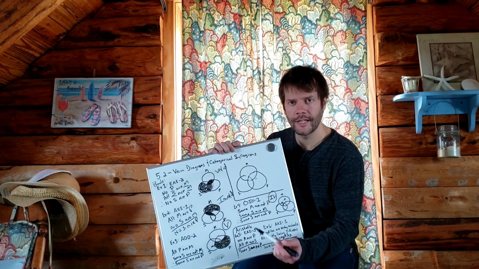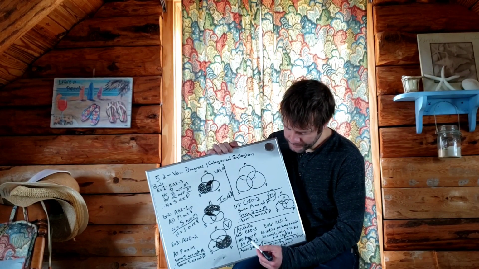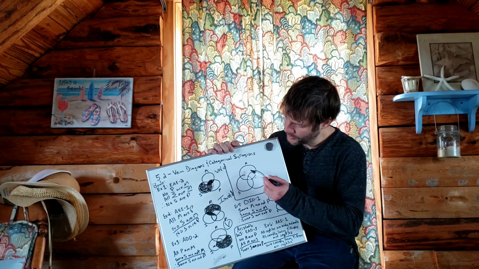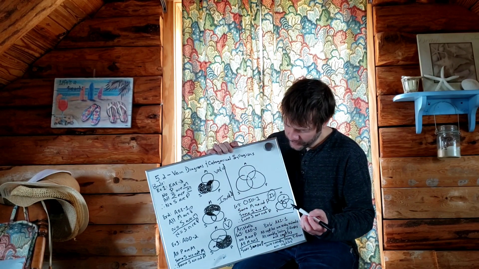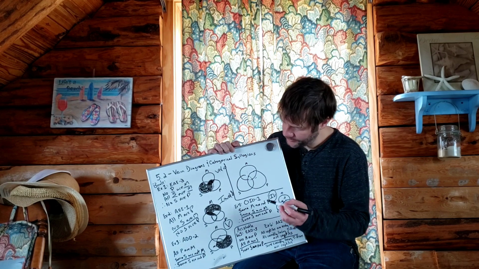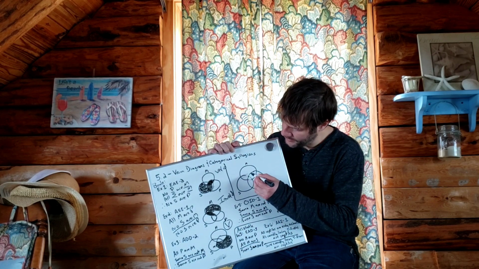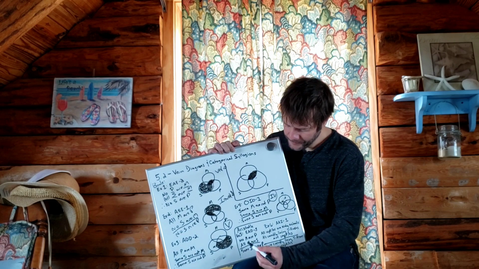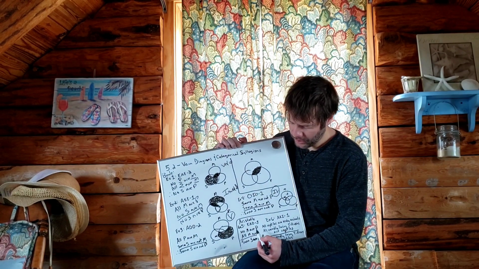We fill it in just like normal at first. No M are P, all M are S. We start with no M are P. We have M and P, so it says there are no M's that are P's. So we mark that out. An M cannot be a P. That's marked out. Then we have all M's are S's.